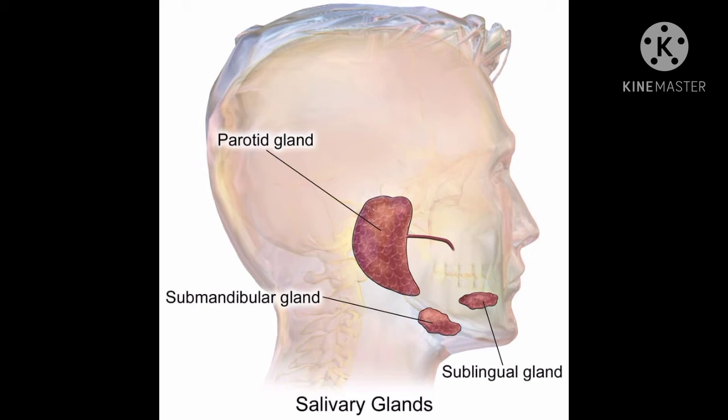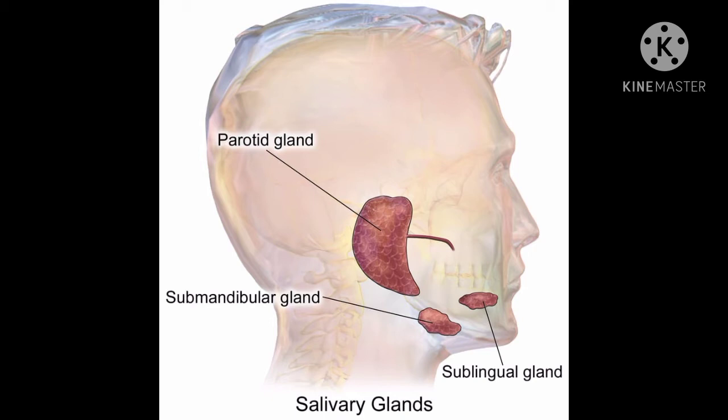First, parotid gland. Parotid glands are the largest salivary glands. They are located just in front of the ears. Parotid glands are made up of serous cells.